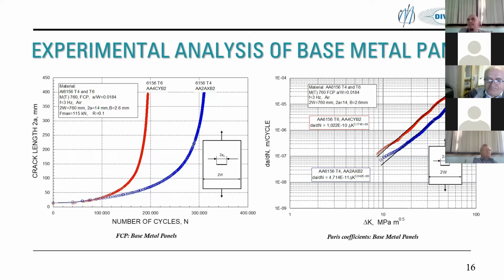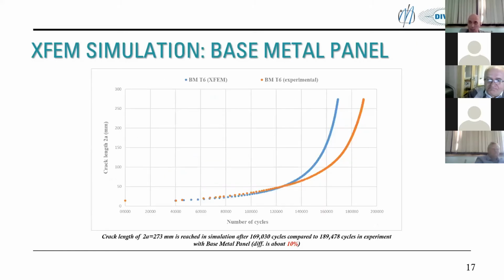And first simulation, just to check these results and to compare boundary conditions and everything. We got this result, number of cycles. We can see that there is a difference of about 10% between number of cycles in experiment and number of cycles obtained in simulation on the base metal plate in extended finite element method software ABAQUS.